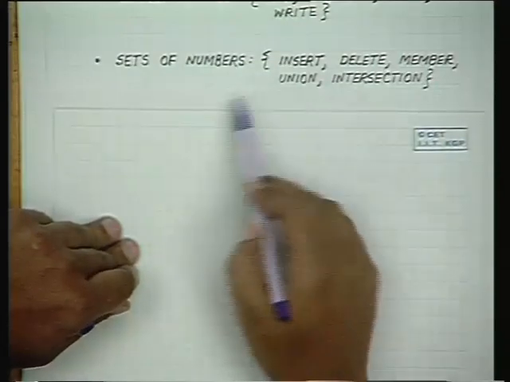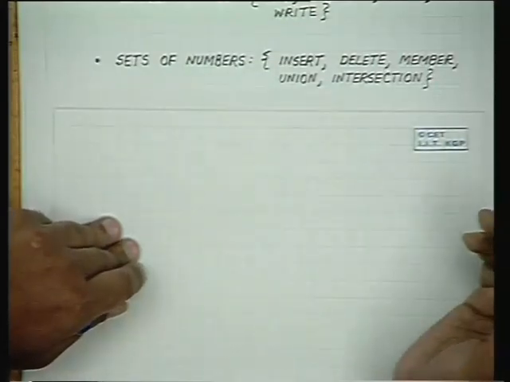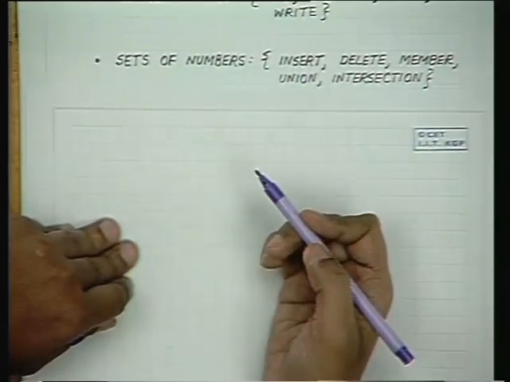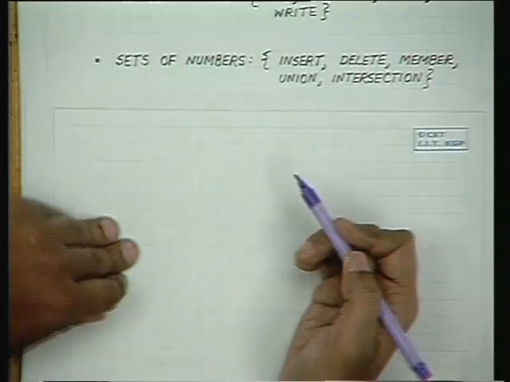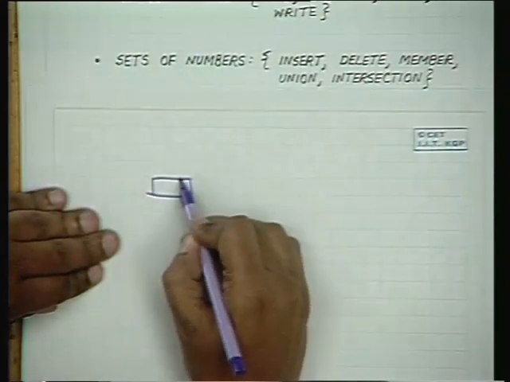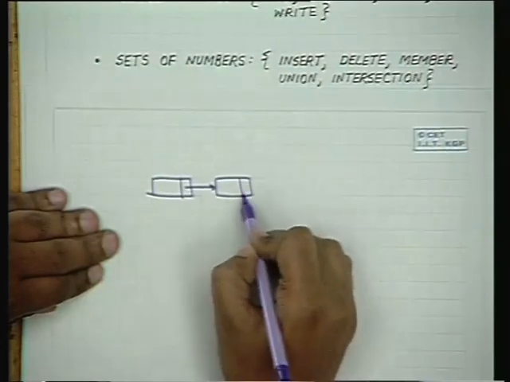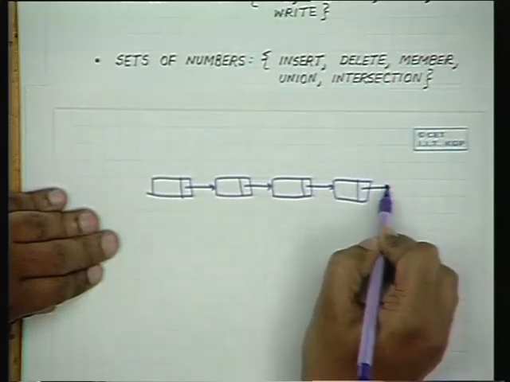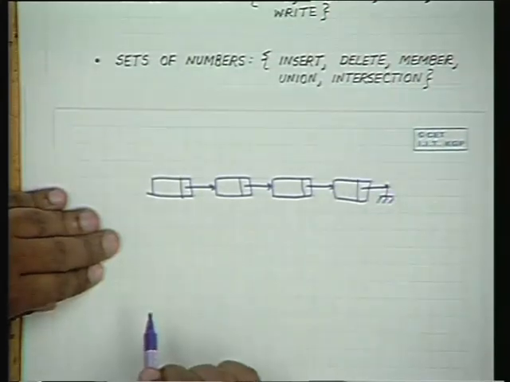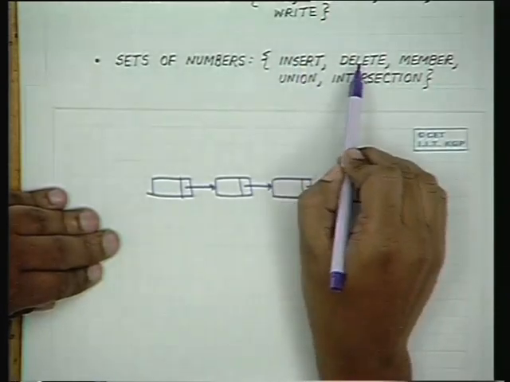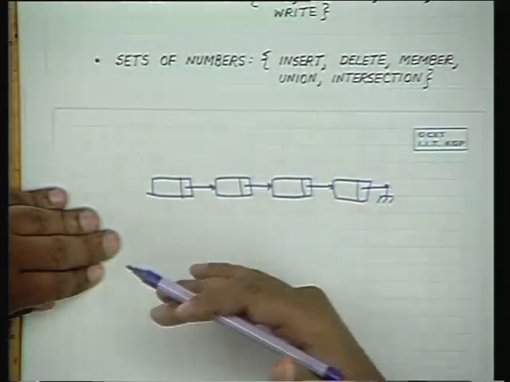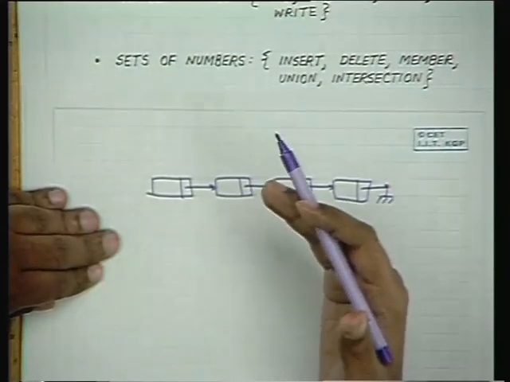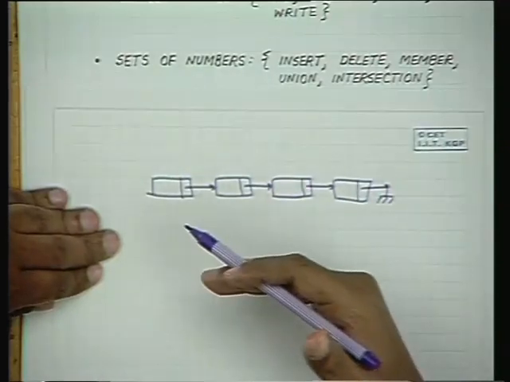On the other hand, if you do not know the universal set, then all you are left with is to make a linked list and store them. That is, you will store these numbers as a linked list, because now you have an insert and a delete which dynamically changes the size of your set. In any set, the size of the set will change dynamically.